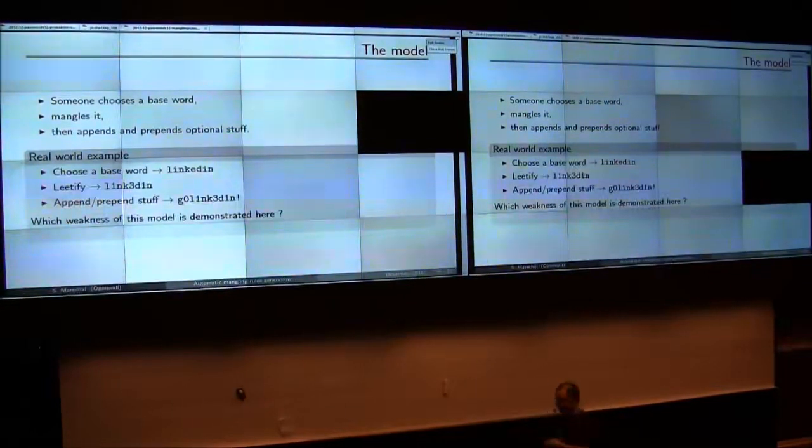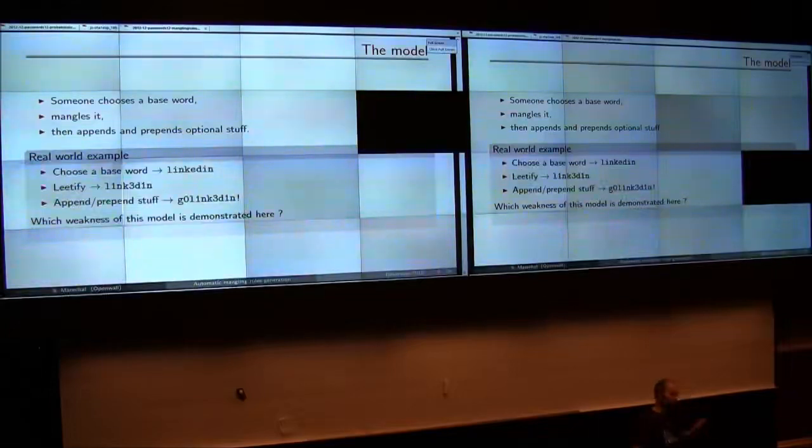As an example, here is a real password from the LinkedIn leak. Somebody takes LinkedIn, he leetifies it, and then he appends go and an exclamation mark. So, can somebody see what is the problem with my model here? Okay, so actually, the problem here is that, do you think many people would in their head think, yeah, I will append g0?